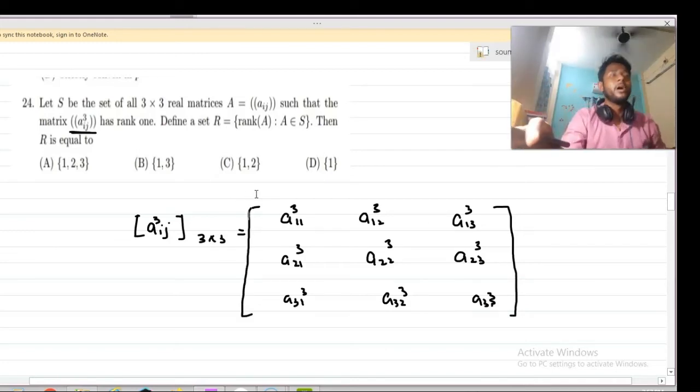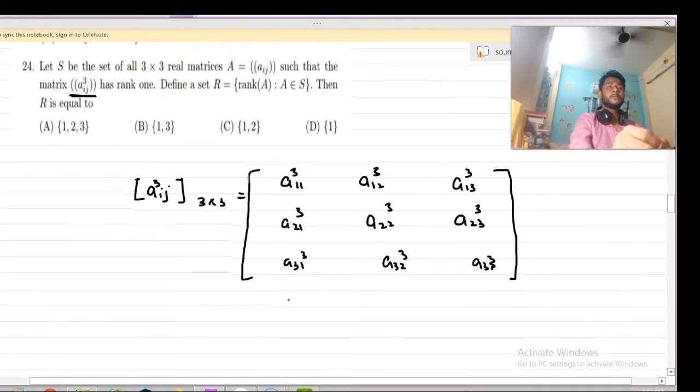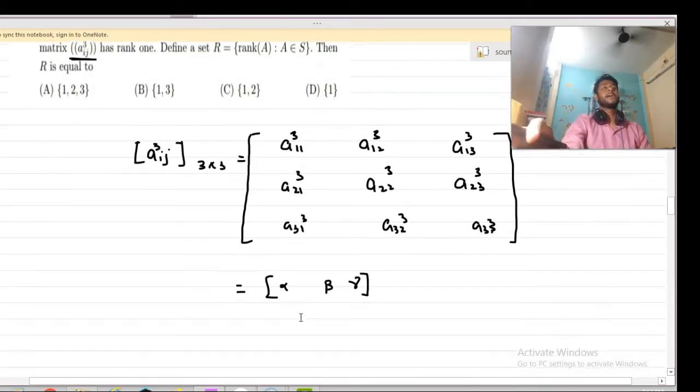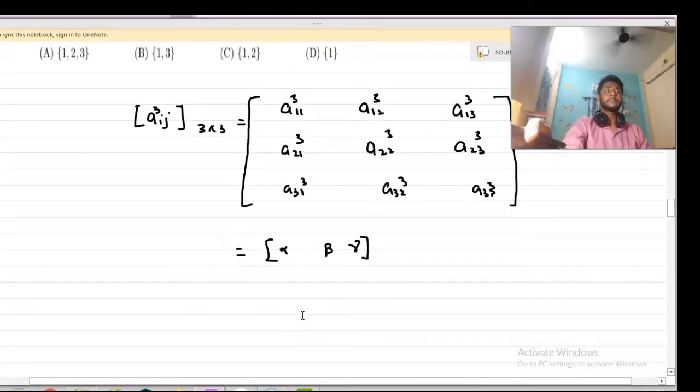Now observe that I am considering this as alpha, beta, gamma, where alpha is the first column vector, beta is the second column vector, and gamma is the third column vector. As the rank of this matrix is 1, the column rank is also 1, which means it has only one linearly independent column.